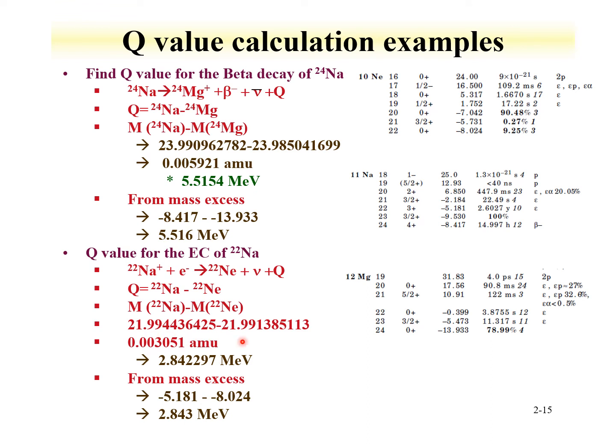Again, from the mass values, we get the difference in the AMU, 931.5 MeV per AMU. From the mass excesses, we can pull the mass excesses out of here. Sodium-22 and neon-22.